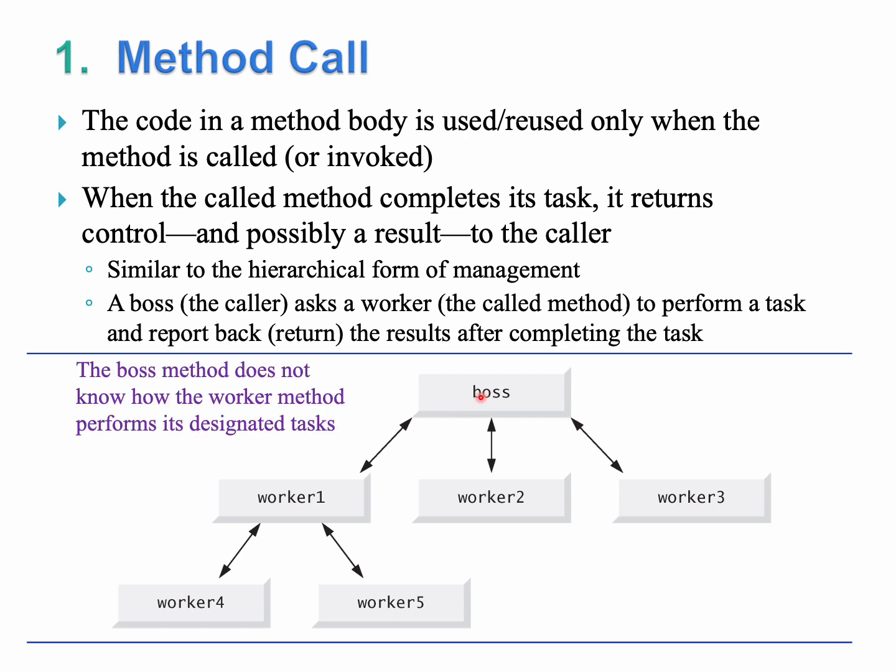The boss method does not know how the worker method performs its designated task. The worker may also call other workers' methods unbeknown to the boss. This hiding of implementation details promotes good software engineering.